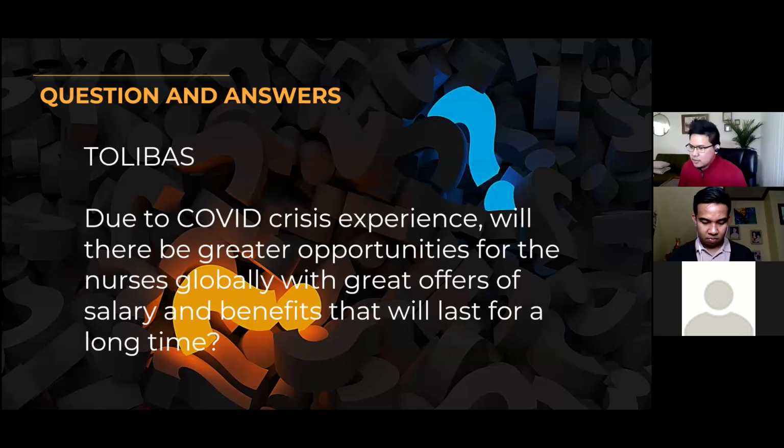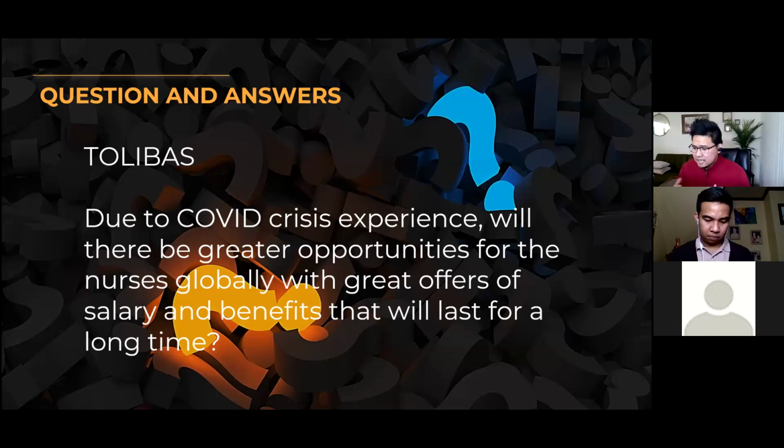Yes, there will be more opportunities for nurses globally, particularly here in the US. The US still has a nursing shortage until now. This COVID crisis just highlighted how important nurses really are in society.